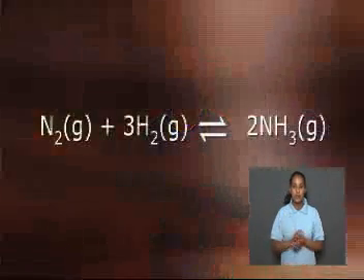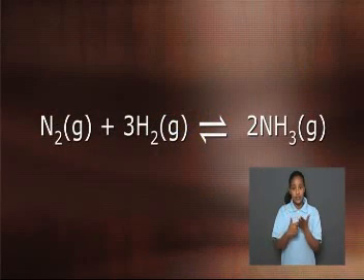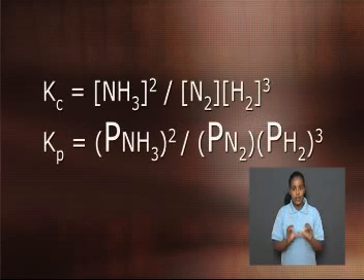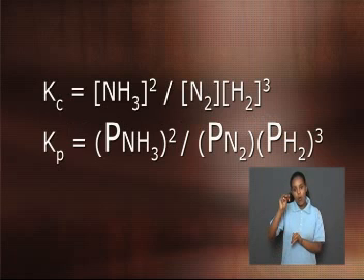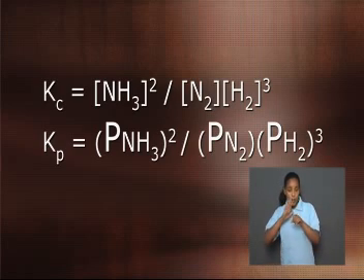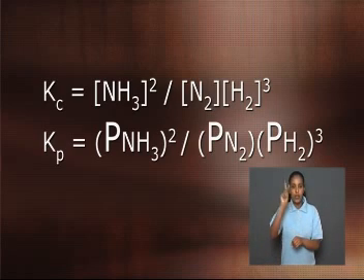In such cases, the equilibrium constant is denoted by K subscript p. This is the expression of equilibrium constant in terms of molarities for Kc, and in terms of partial pressures for Kp.